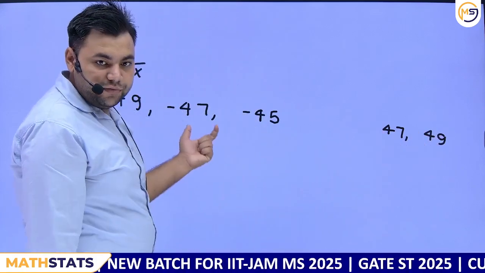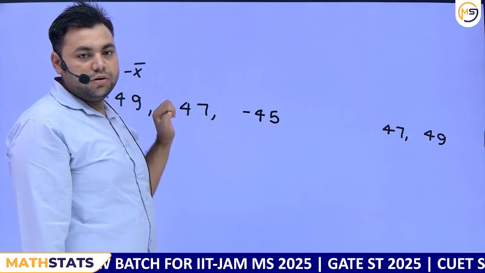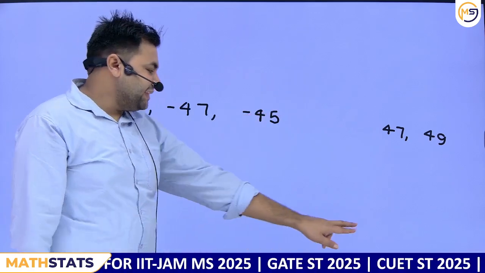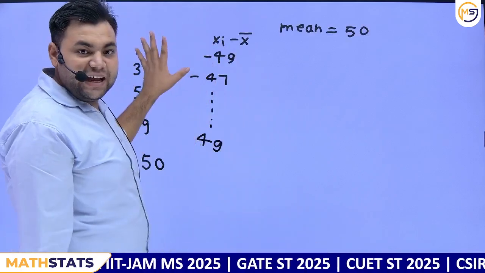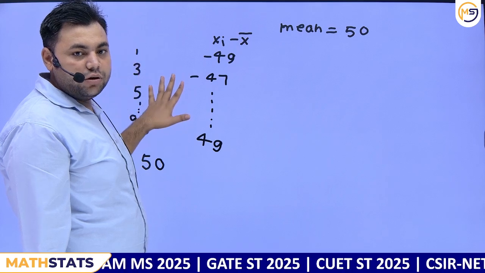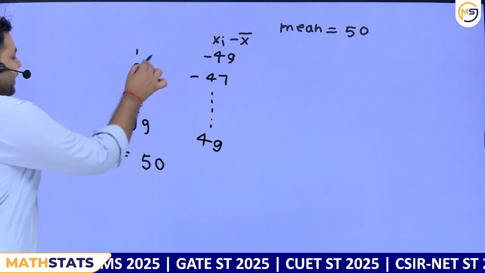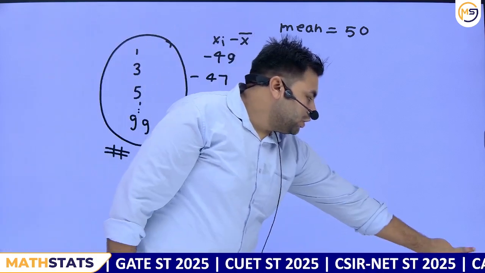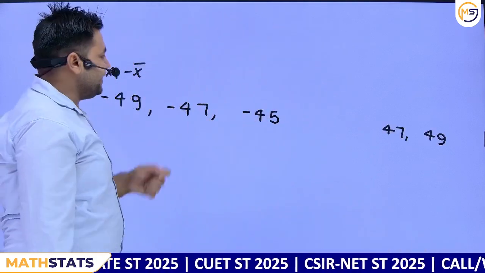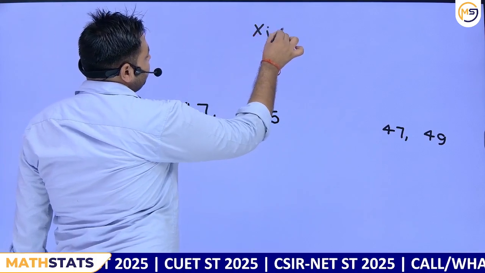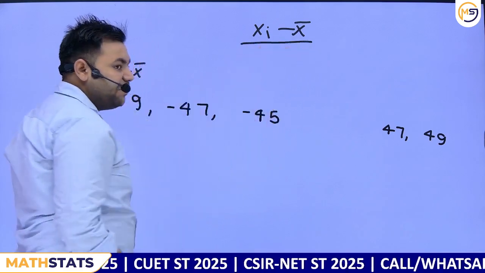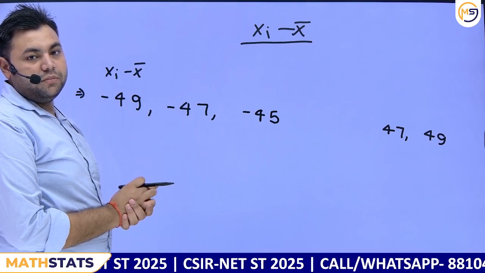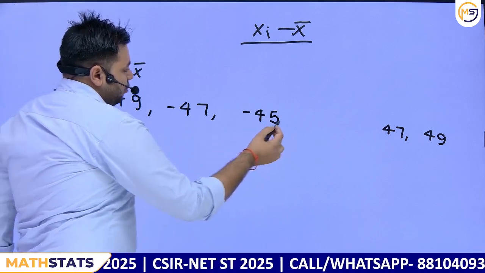But here you cannot find any value 0, because this is an odd number series and no term is 50. In this series not any term is 50, so we cannot find any value 0. So what is the minimum value of this deviation? Minus 1, right? Minus 1.